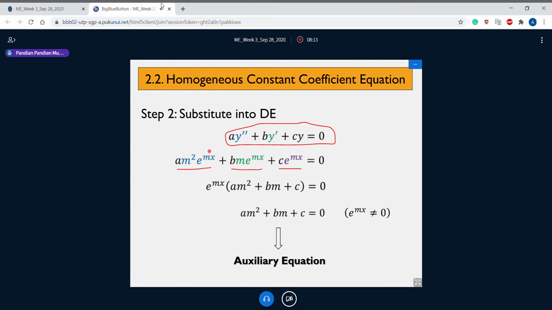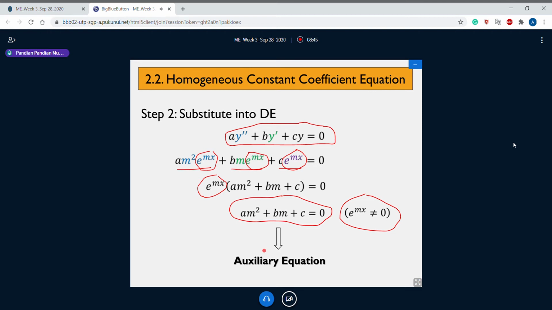Now this term e^(mx) can be factorized. That means you take out e^(mx) and you put in the bracket a m squared plus b m plus c equals 0. Now e^(mx) is the solution, so it cannot be 0. Therefore, a m squared plus b m plus c equals 0.